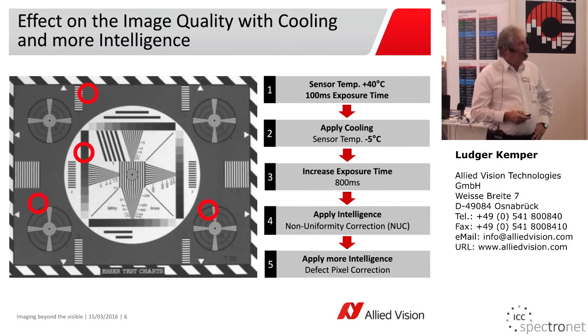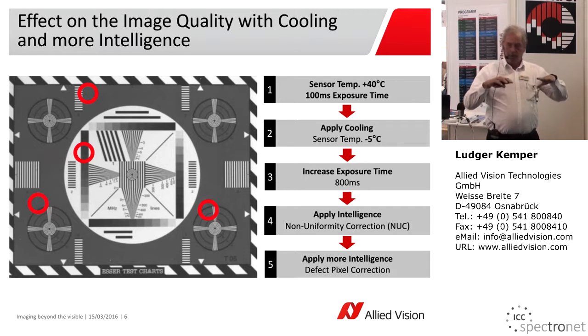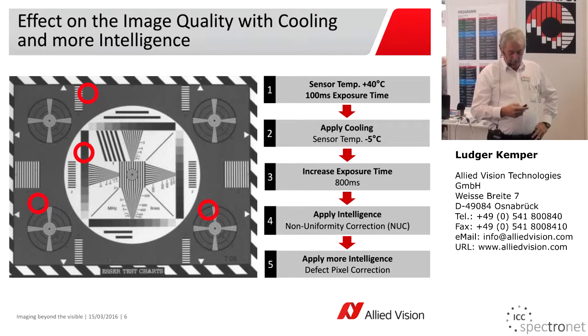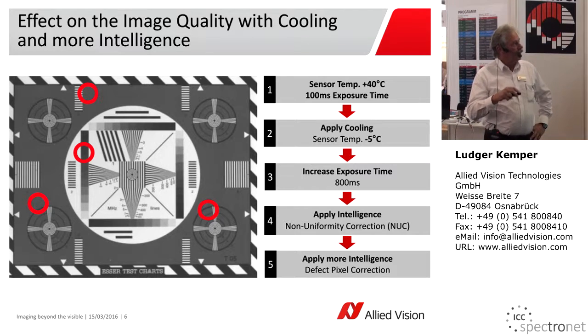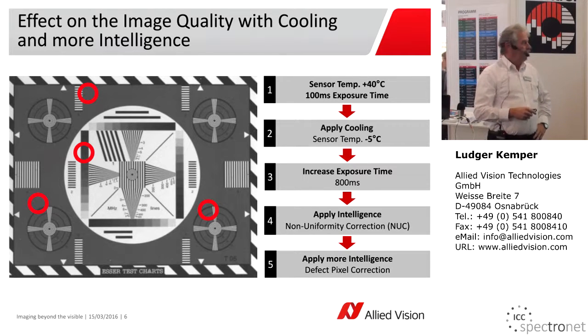If you cool down the sensor to -5 degrees, for example, then you lower the dark current so that you are able to have lower exposure times. And here inside the image, you see the fixed pattern noise, and you also see some red pixels, white pixels, and dark pixels.